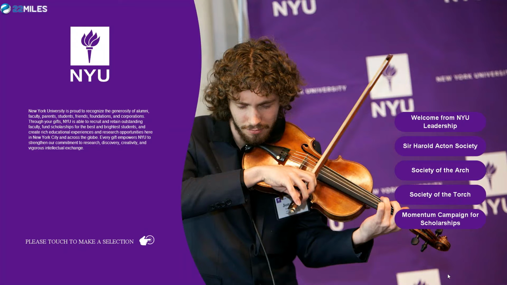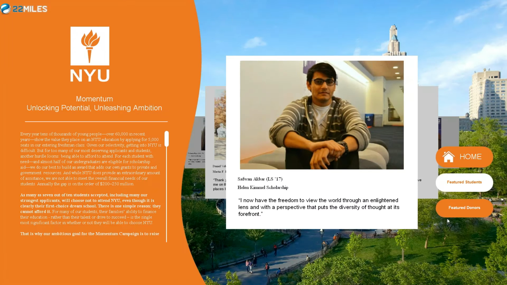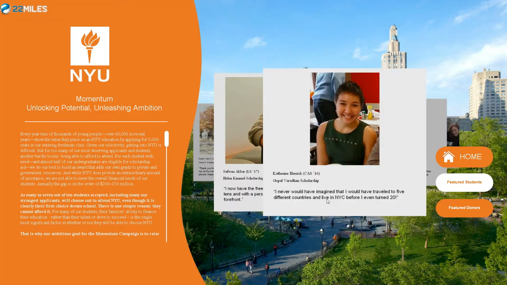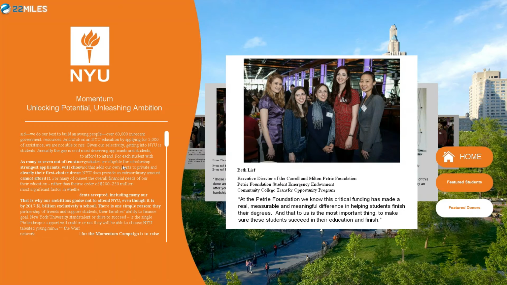Finishing off with NYU, they wanted something very brand-oriented, and you can see that this is very much NYU-centric. They wanted something very minimalist with, let's say, clicking on Momentum, and you can actually have a photo album carousel or featured donor carousel, some moving text box, click home.